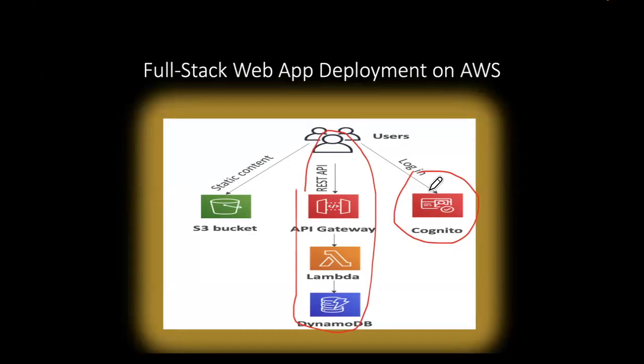It's a bit like Firebase. I know you've used Firebase, or some of you have, for user account management. Well, Cognito is the equivalent on the AWS platform. So that would clearly be part of the overall deployment of a full stack app.